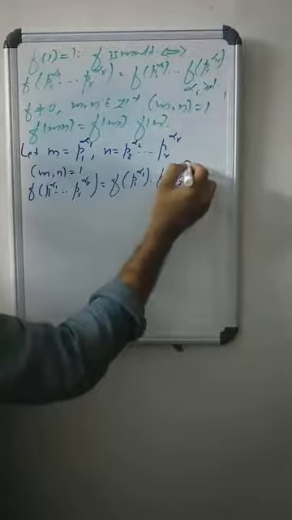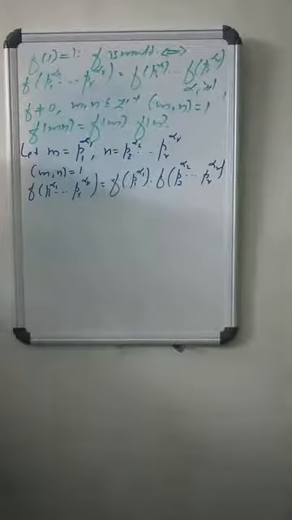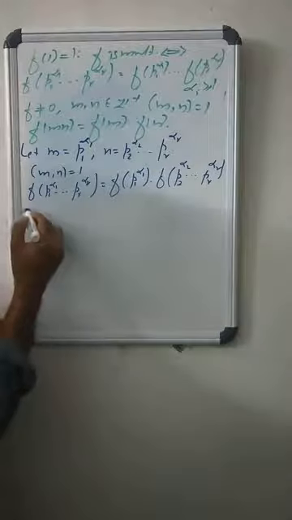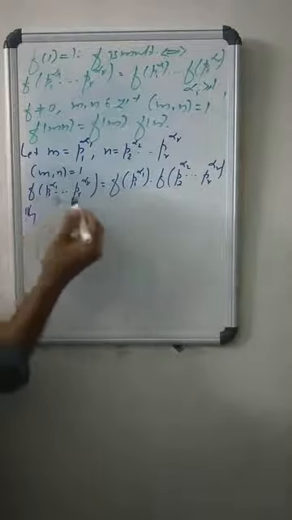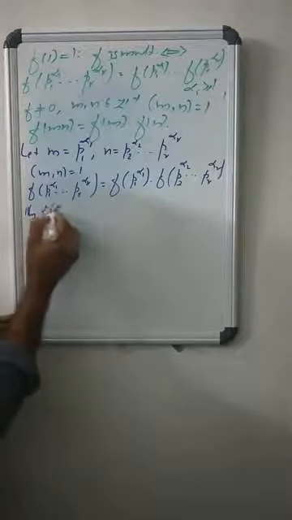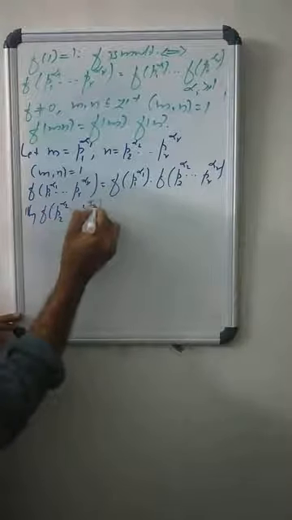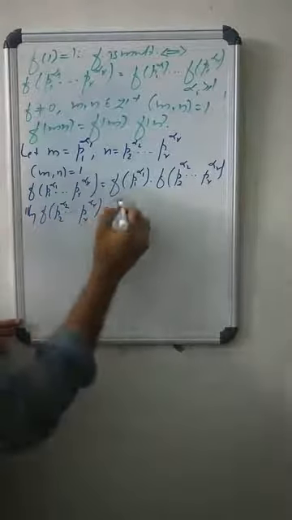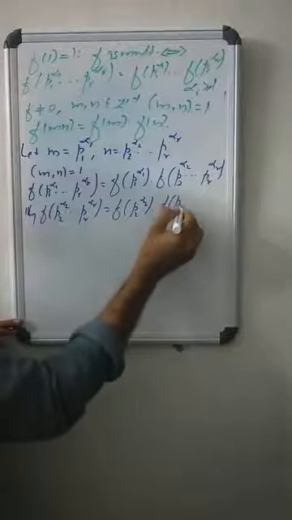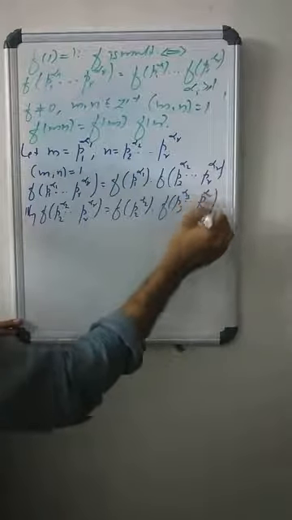It is p2 power alpha 2, etc., pr power alpha r. Similarly, using this argument, f of p2 power alpha 2, etc., pr power alpha r can be rearranged as f of p2 power alpha 2 into f of p3 power alpha 3 into etc., pr power alpha r.